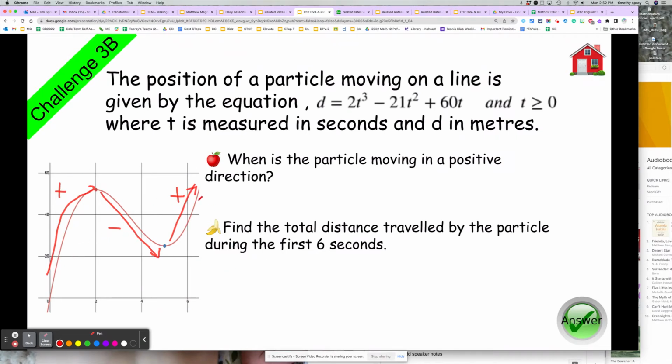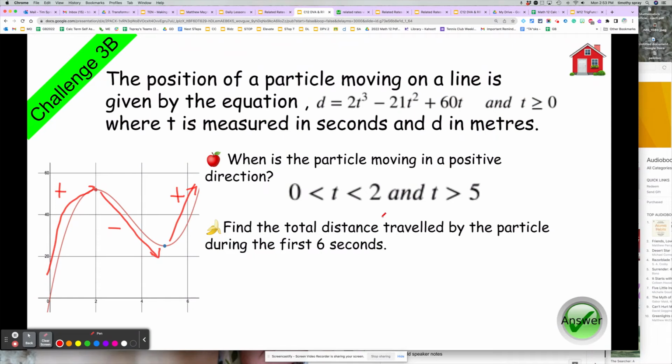If you know what the graph looks like, then it's really straightforward to just look at that and know. And so we can see between 0 to 2 it's positive, and from 2 to 5 it's negative, and from 5 on it's positive. So the simplest way to do that would be to just graph it.